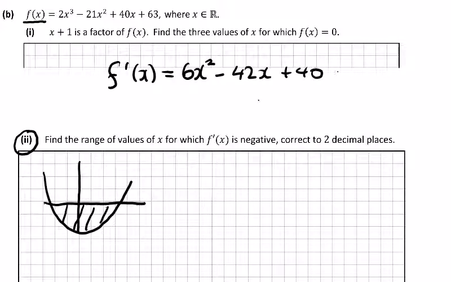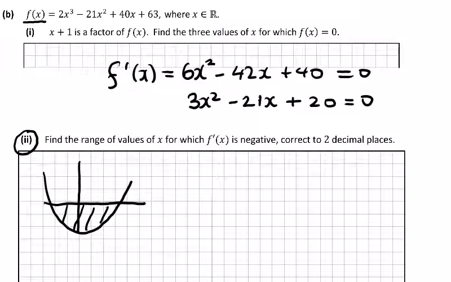Where will we find the roots? Let it equal 0. We can divide by 2 to get 3x squared minus 21x plus 20 equals 0. And before I go to start factorizing, 2dp, so quadratic formula.